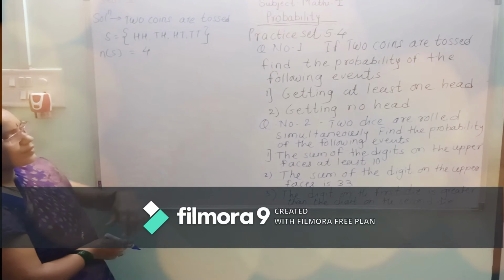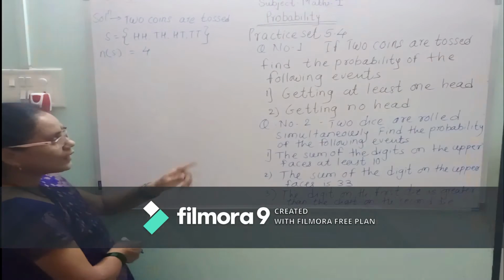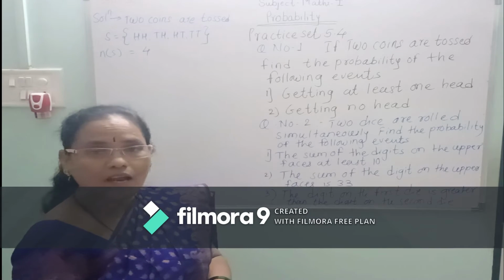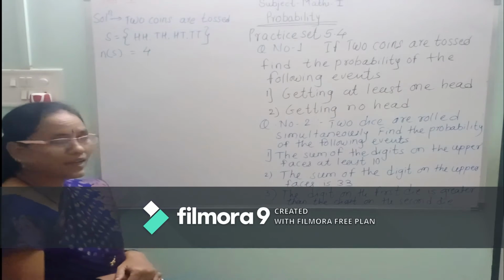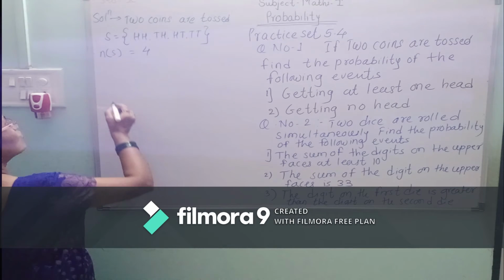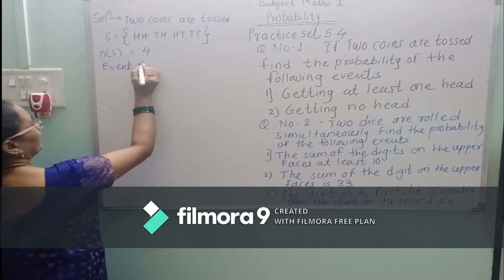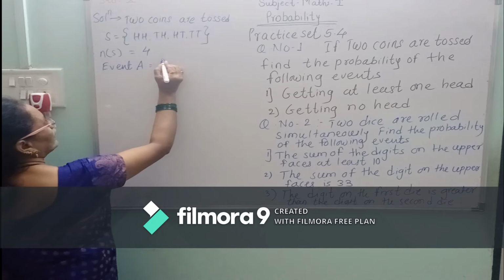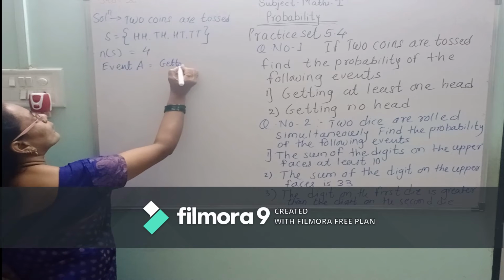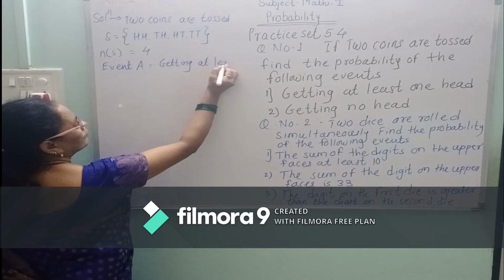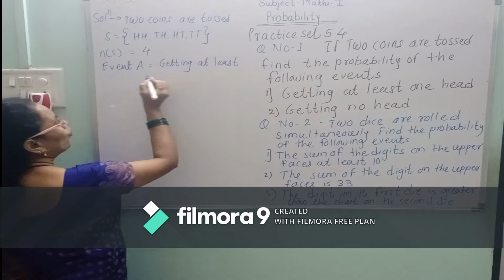Then write the event. What is the event? Getting at least one head. So event A is getting at least one head.